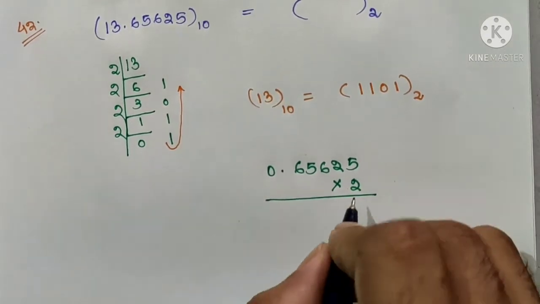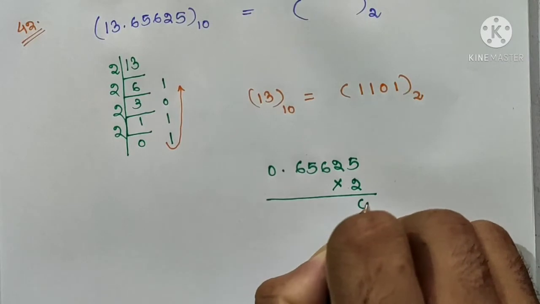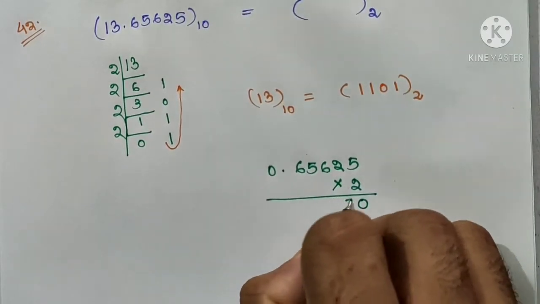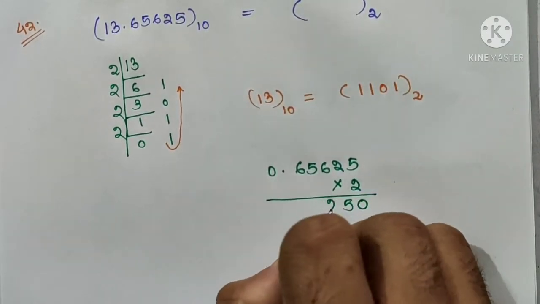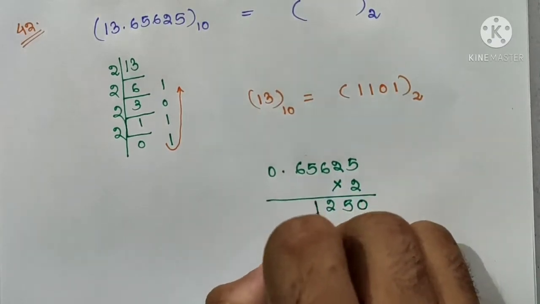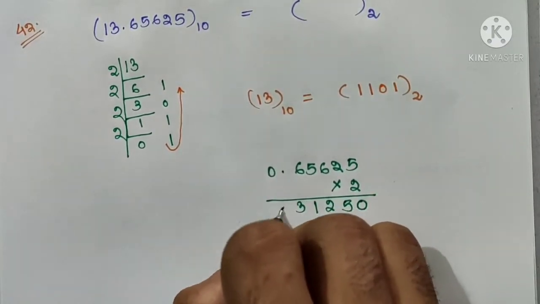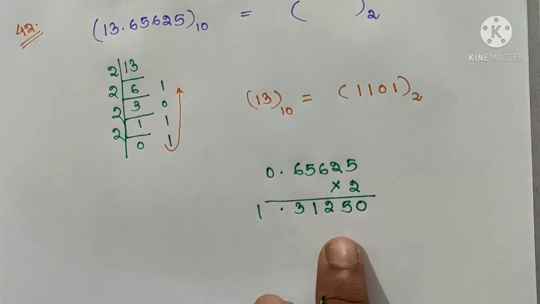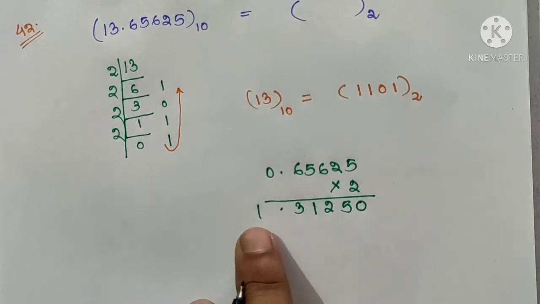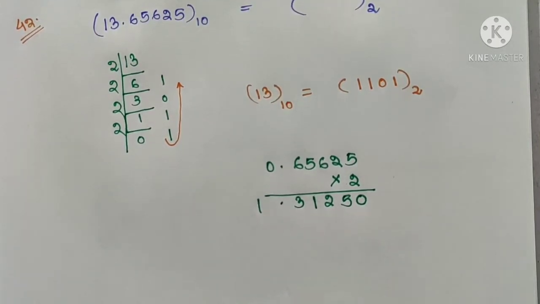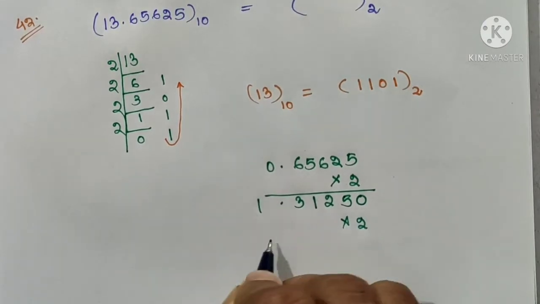So 2 into 5 is 10, 2 into 2 is 4, 2 into 6 is 12, that is 1.3125. And in the second step, don't take the integer part in the multiplication. Okay, so next multiply with 2 again.